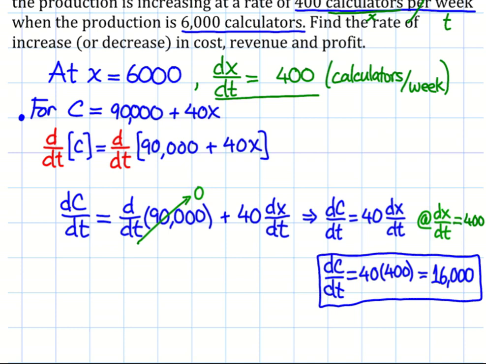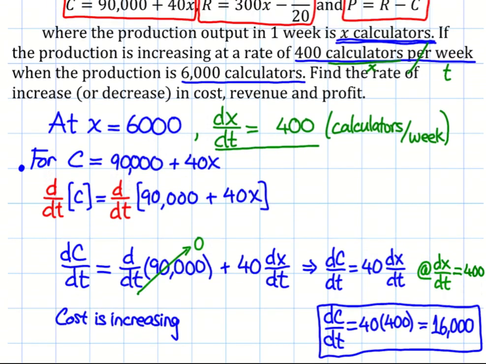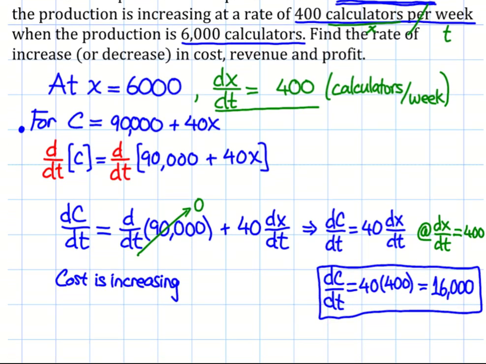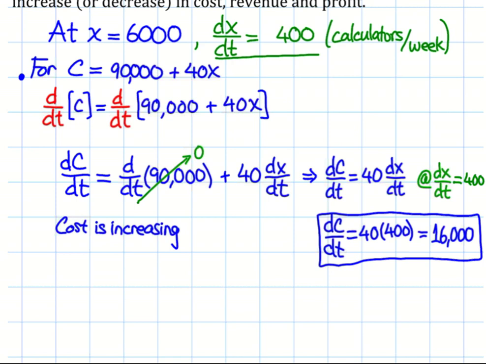Or we just simply write the cost is increasing at 16,000. Whatever the unit for the cost is, we don't have it here. That could be in terms of dollars probably. Right, it is increasing, the rate is about 16,000. Right, so that is the cost function.